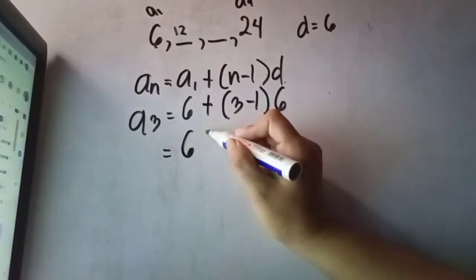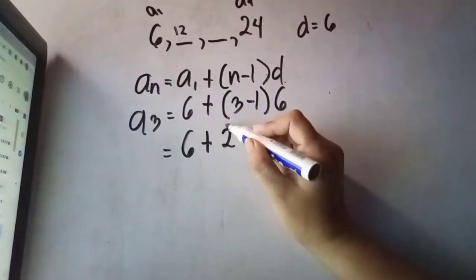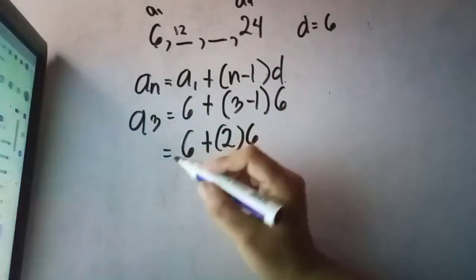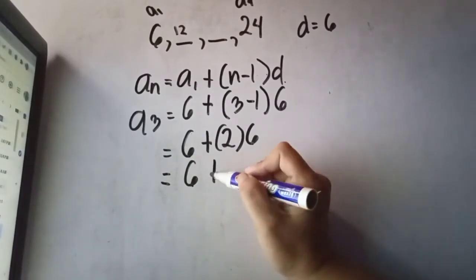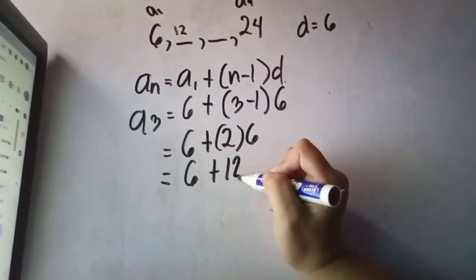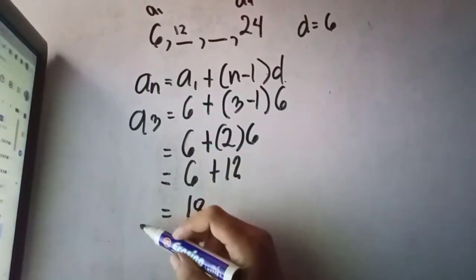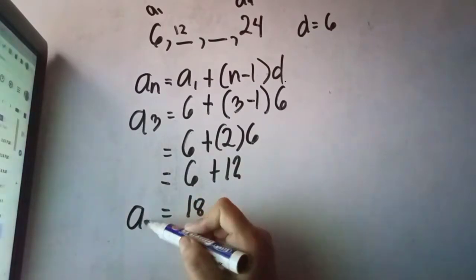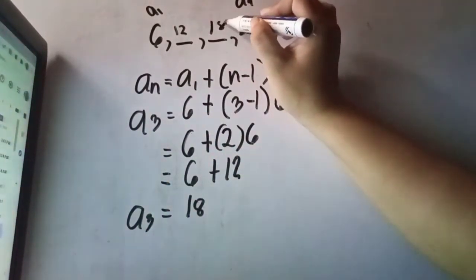So, 6 plus 3 minus 1 is 2 multiplied by 6. So, 6 plus 12 is equal to 18. So, therefore, ang ating third term ay 18.